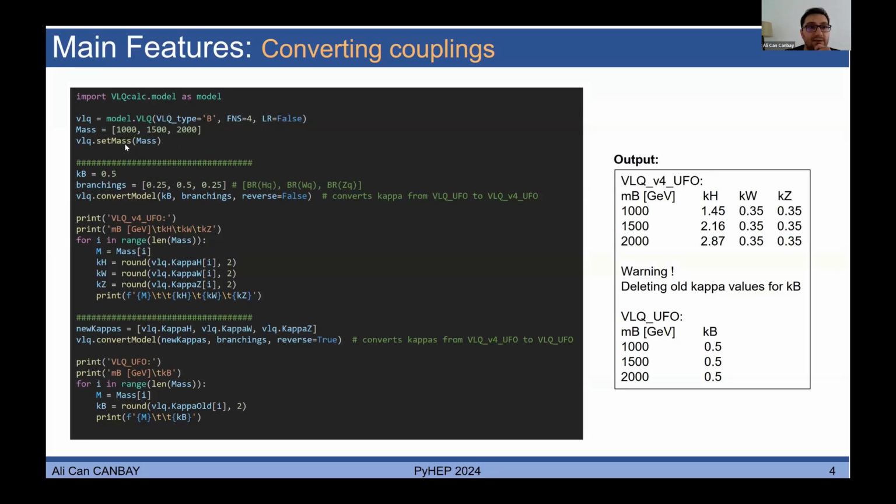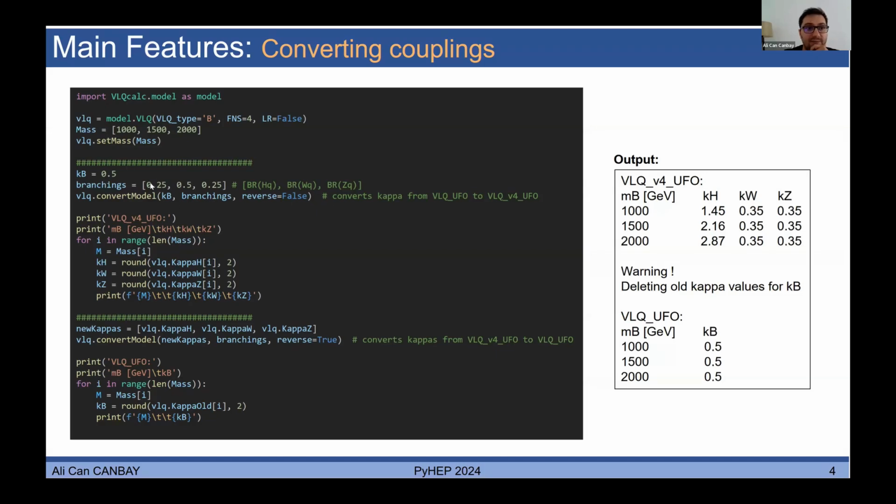The SetMass method is used for defining the mass of the VLQ object. For the convert model method, you need to give 3 parameters: kappas, branchings, and reverse parameter. The reverse parameter is defining the direction of the conversion.